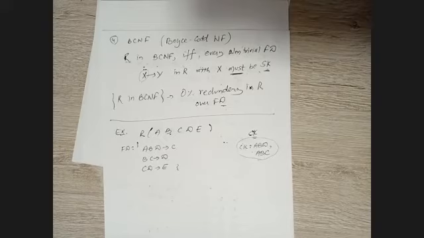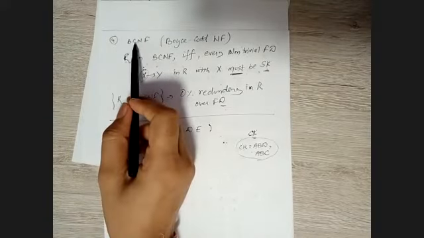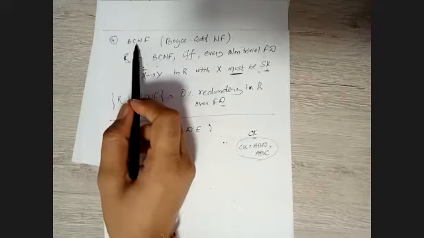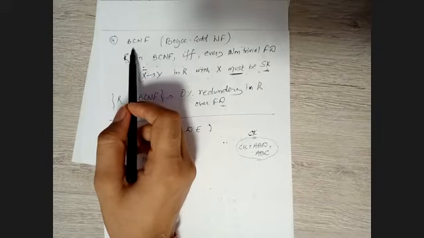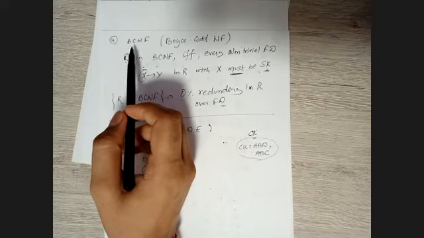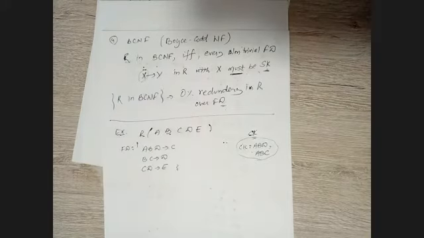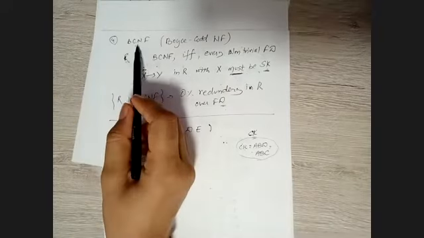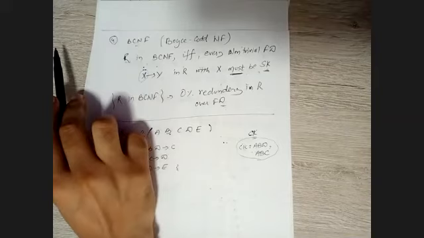Back means first check for BCNF. It's not a procedure, it's a short trick, a good approach to solve the questions fast. So first look at BCNF, then 3NF, and so on.